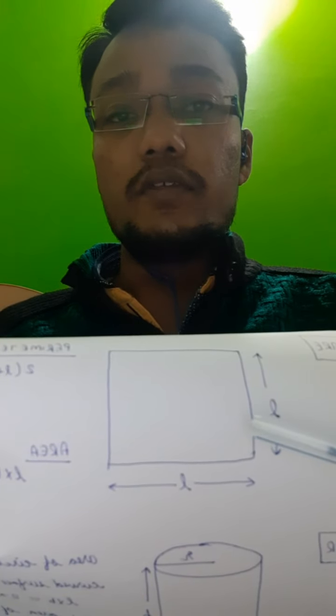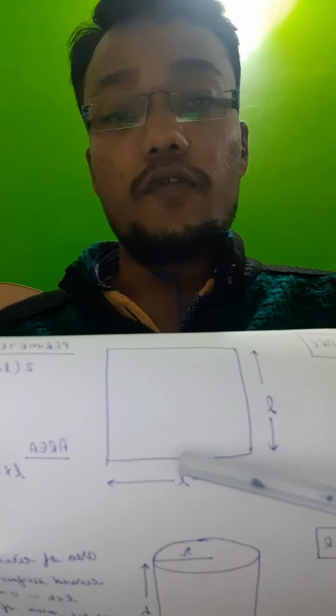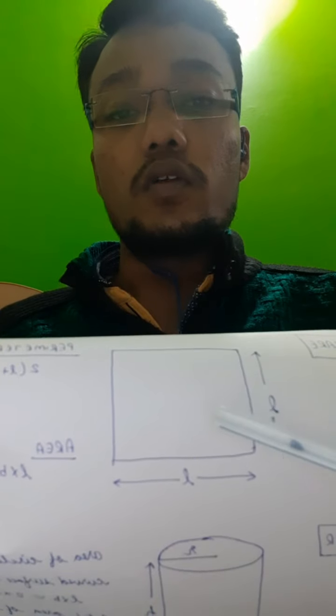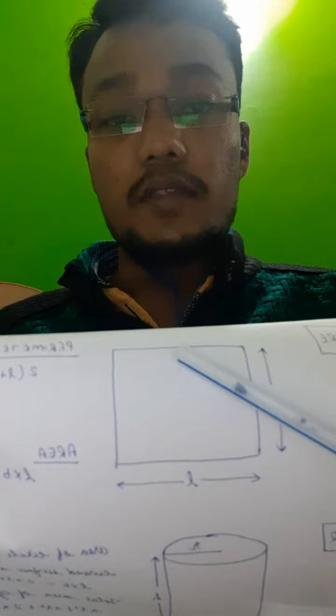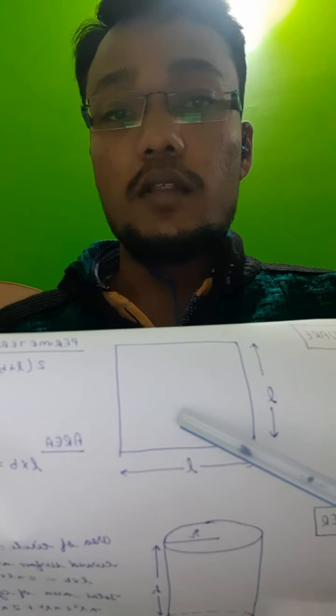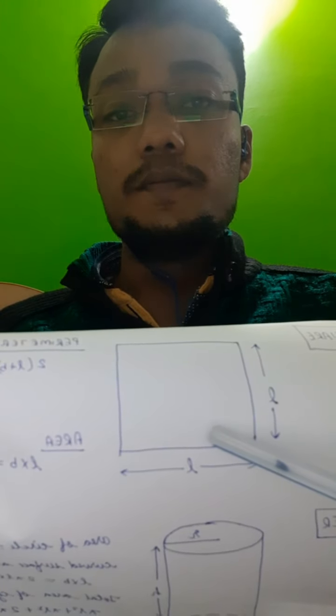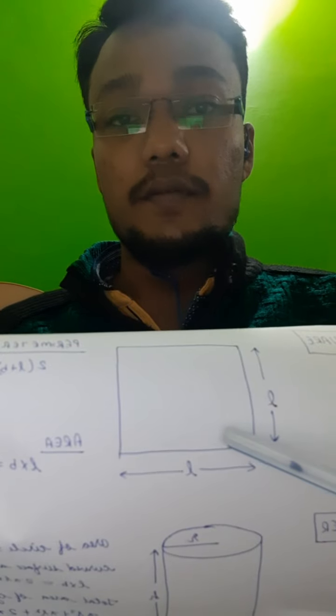Again, going by the same definition of perimeter, that is the sum of all the sides of a closed object, we have L plus L plus L plus L, which is equal to 4L. So 4L is the perimeter of a square.